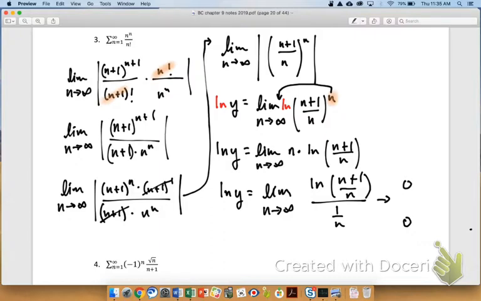All right, I'm going to switch colors just so you can see it. We're actually almost done. So I'm going to say natural log of y equals limit as n goes towards infinity. So the derivative of the numerator would be 1 over n plus 1 over n times, oh gosh, I want to make this a little bit easier on you.